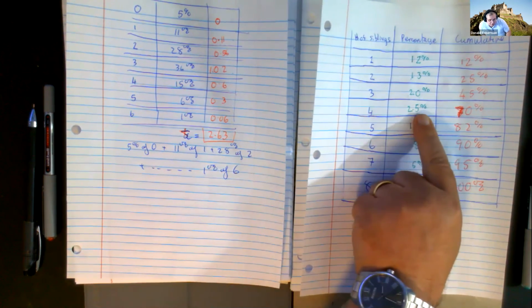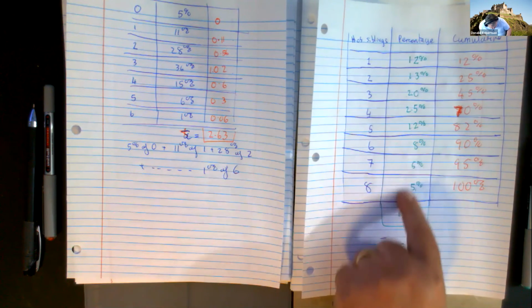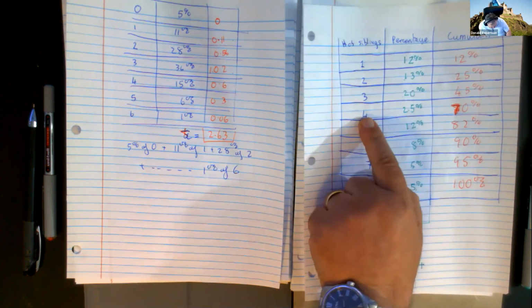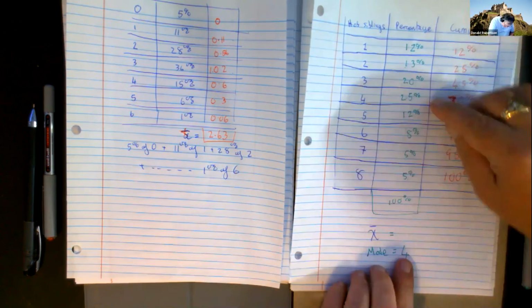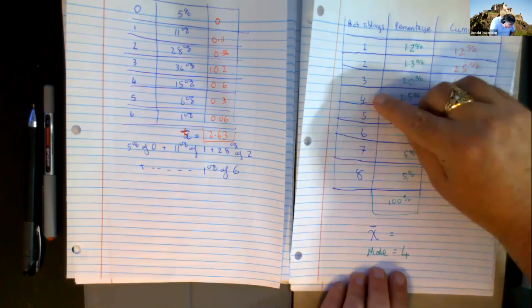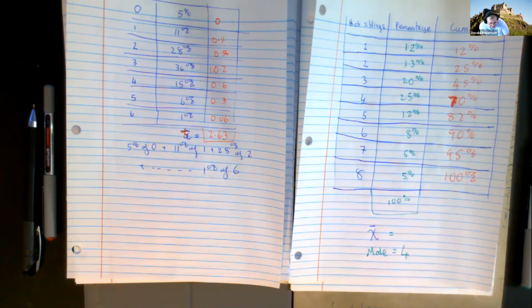Are you comfortable about how I figured out what the mode was from this table? The biggest percentage is the most common answer. Biggest percentage is 25. That was 4 children. 25% is 4. The mode isn't the 25% part. The mode is the number it's pointing to. It's the 4. Does that make sense?